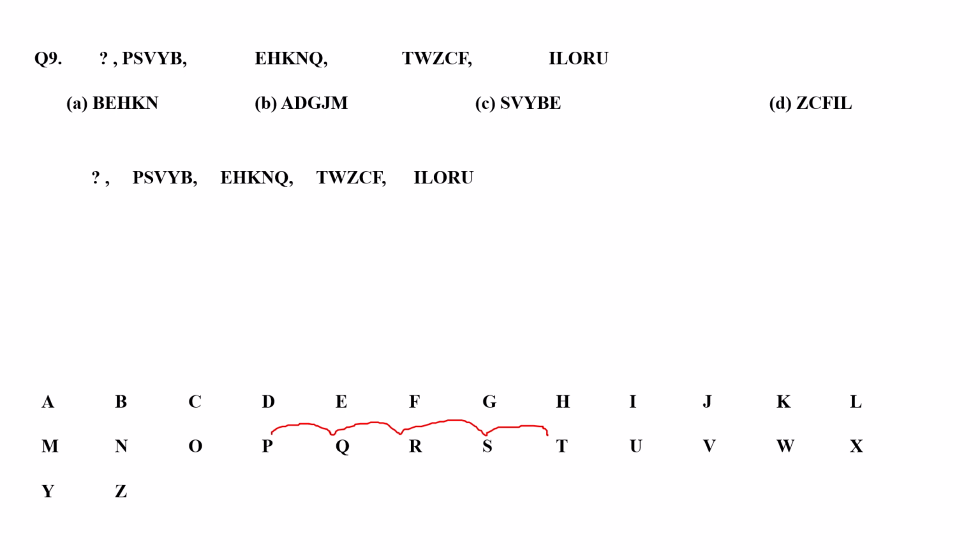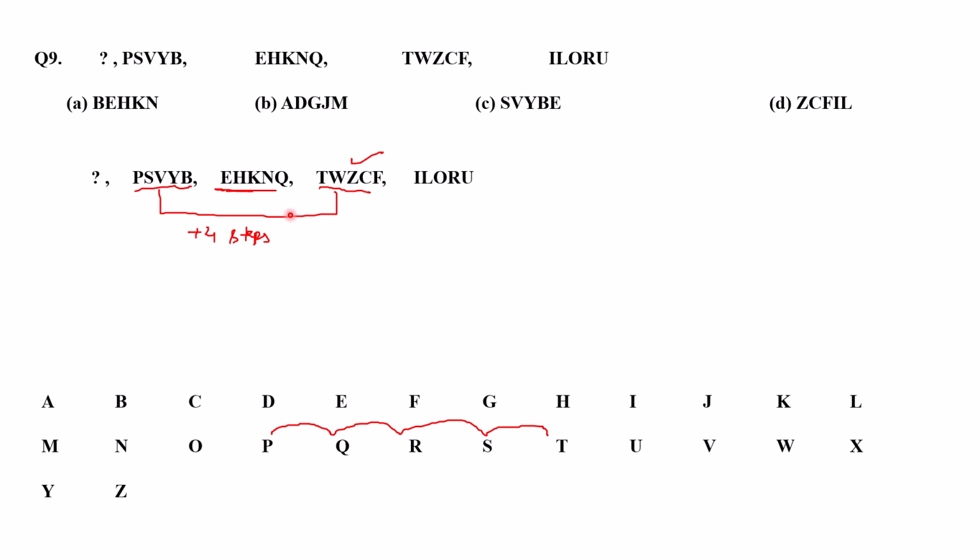So from here I can see the pattern. In all the letters, if I move 4 steps ahead, I will reach this pattern. Now same way try here. If in E, I go 4 steps ahead, E to F, F to G, G to H, H to I. So I is written.